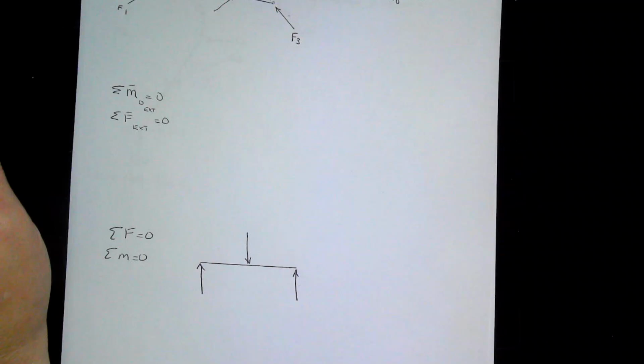Let's try this combination. Suppose we didn't have that. I have that force here, and suppose at the very same angle I put that one in there. So these are parallel. If we look at this, the sum of the forces here will be 0.